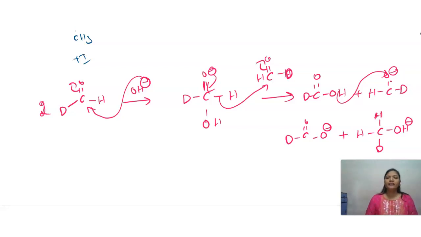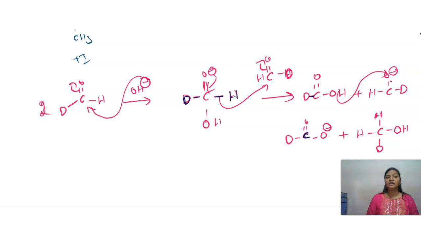Okay, so this is the compound that is produced when deuterium is present. Deuterium is not transferred here, only hydrogen is shifted. So here there is a hydrogen and deuterium is here.